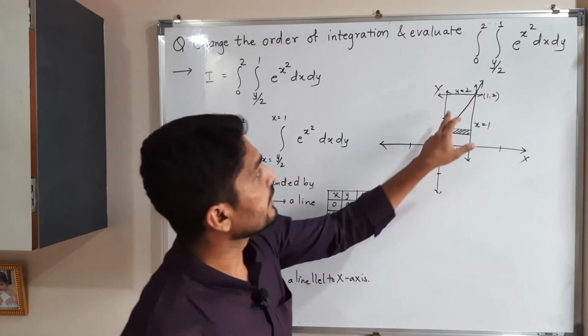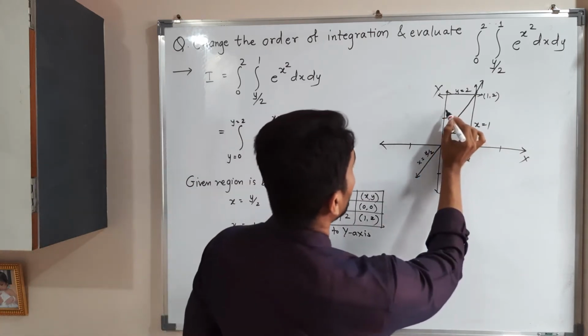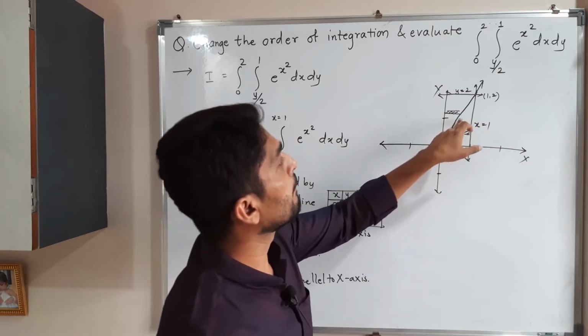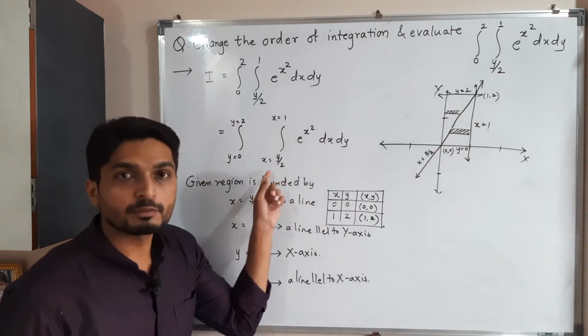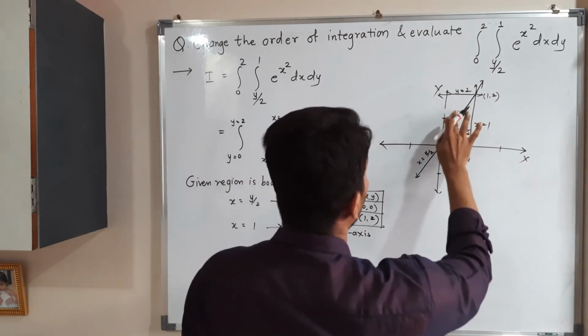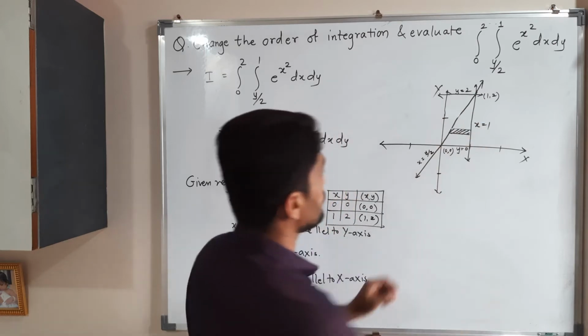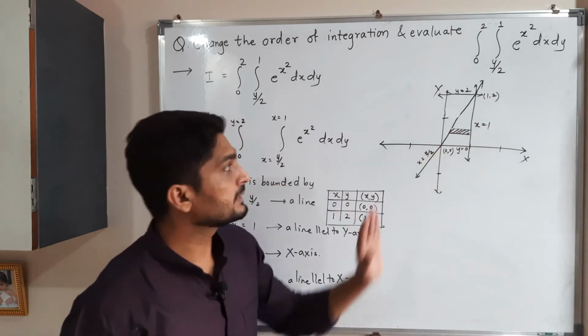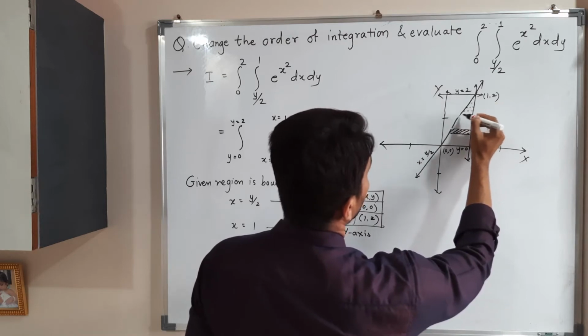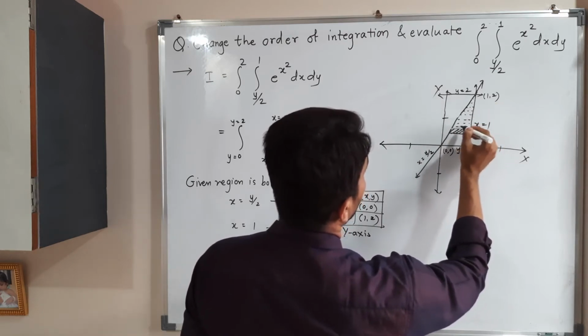If I draw a strip here, the strip is bounded above by this line, but by the given information the strip is bounded below by this line. So the strip cannot be here. The strip should be here, so this region we have to consider.